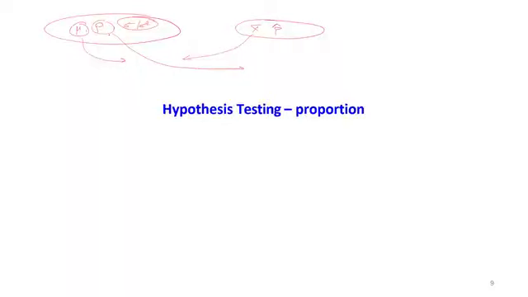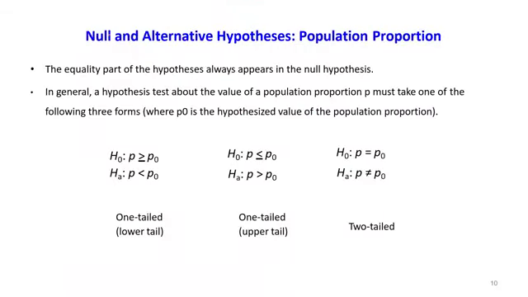So for example, percentage of males or percentage of defects or percentage of cars or whatever segment, or percentage of a particular product segment. All that can be called proportion. So here we are going to test the proportion of any particular category in the population. Once we discuss the example, you will understand.